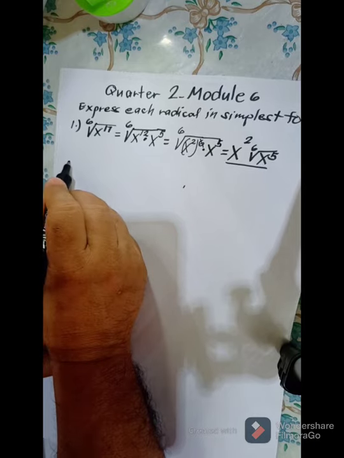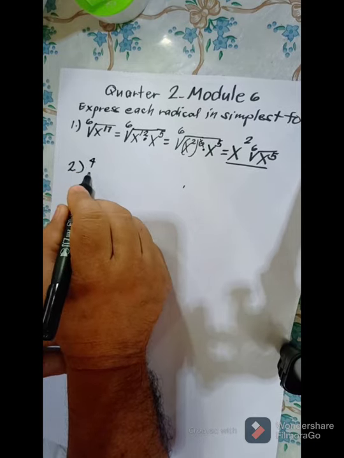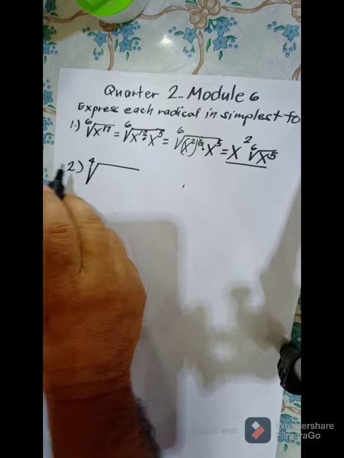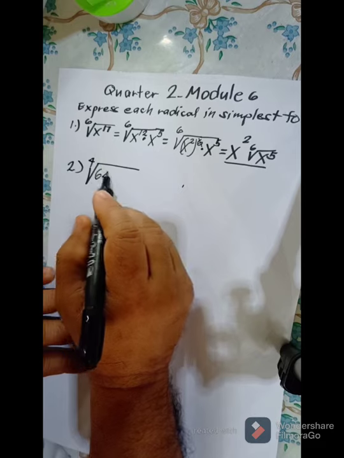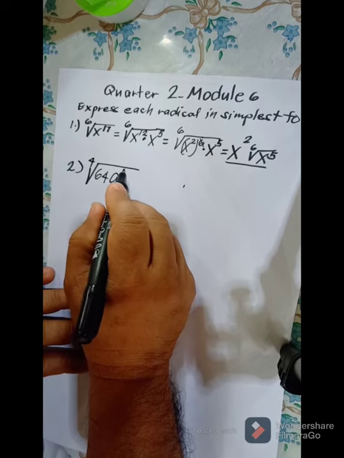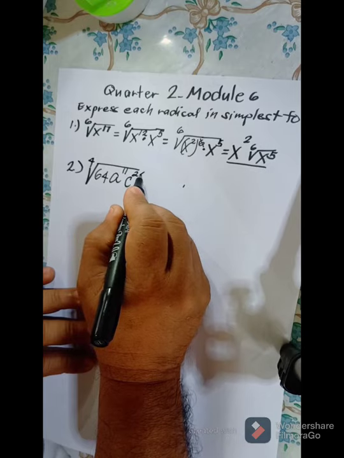Let's proceed to number 2. Number 2 is: simplify the fourth root of 64 a to the power 11 c to the power 24.